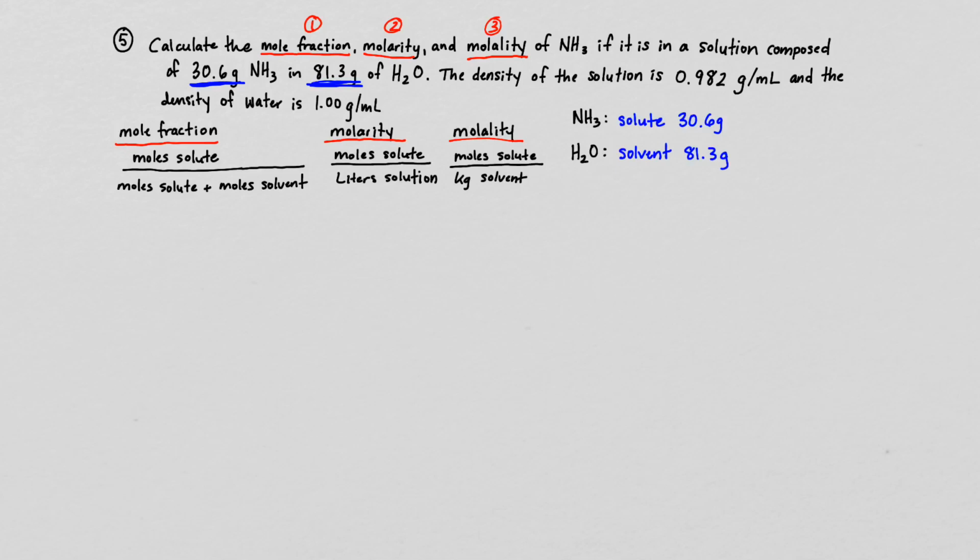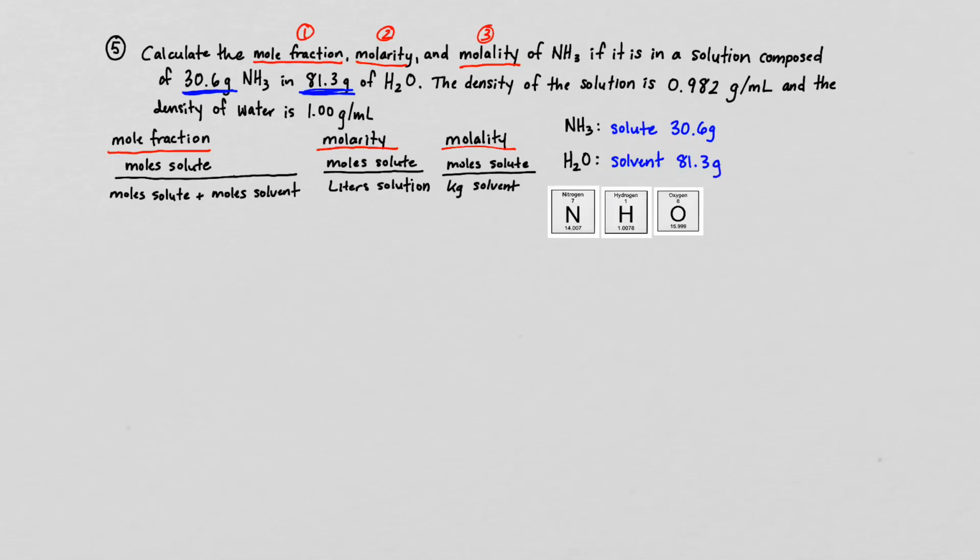All right, so the next part is that I want to figure out the grams per mole, the molar mass, that is, of both ammonia and water. All right, so I've added the periodic table symbols for each of those three elements, the three elements that we're going to need here.